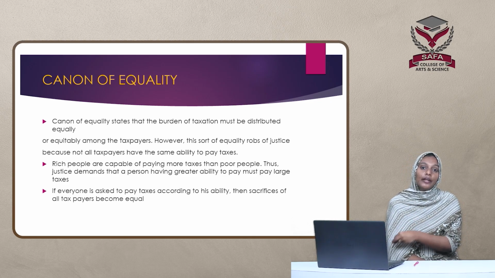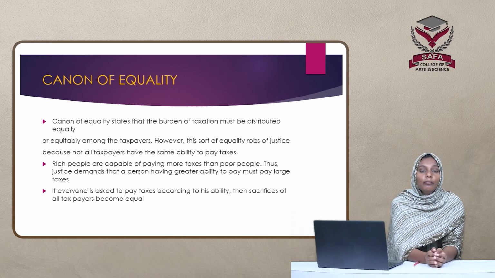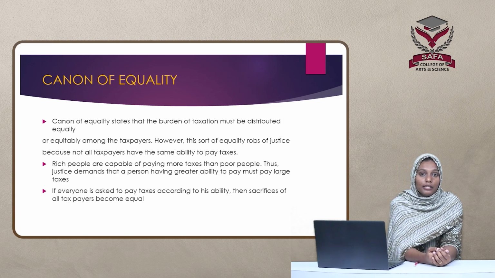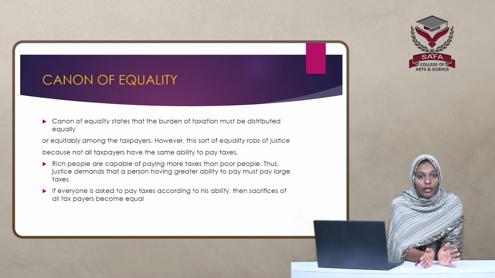The first one is canon of equality. By this canon, Adam Smith means that the taxation process should be equal, which means the imposing of the taxation should be on the basis of the ability to pay of the taxpayers. We know that rich people are able to pay more compared to poor people.